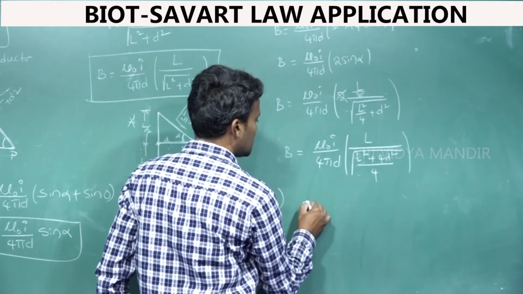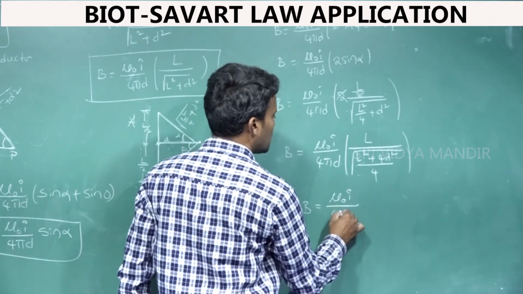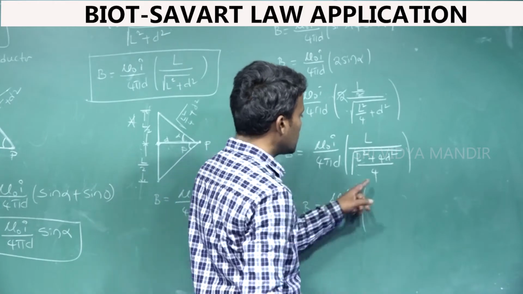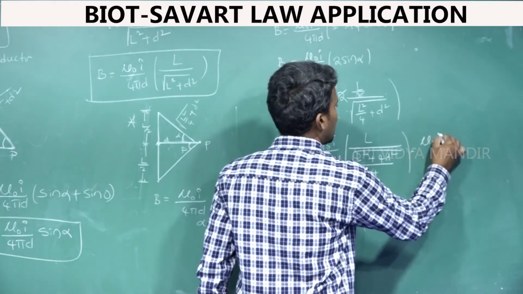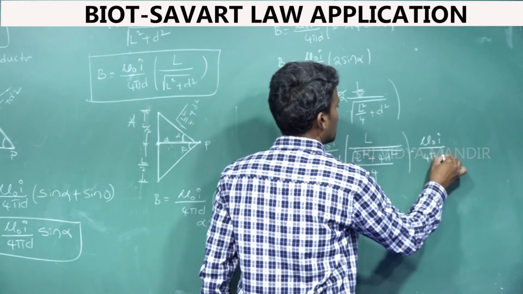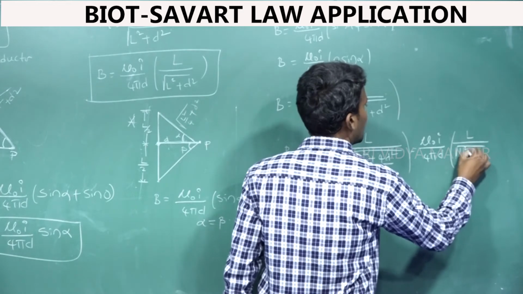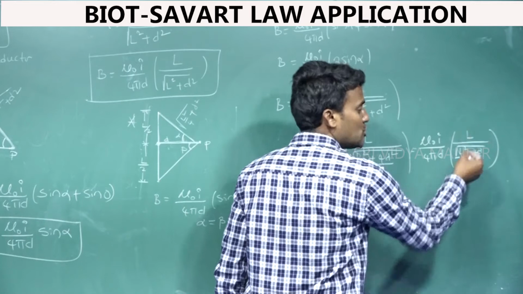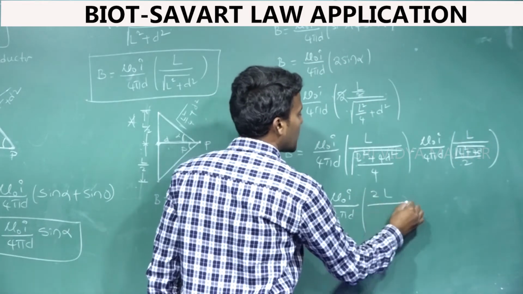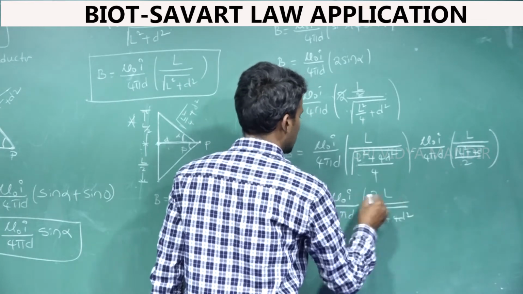So the final equation is B is equal to mu naught I divided by 4 pi D into 2L divided by under root of L square plus 4D square.